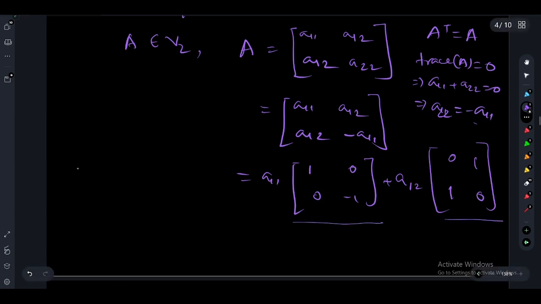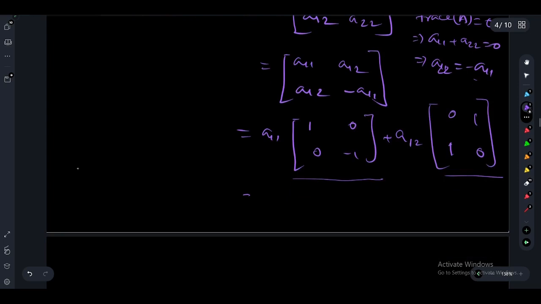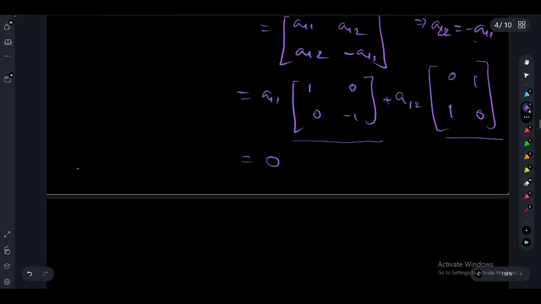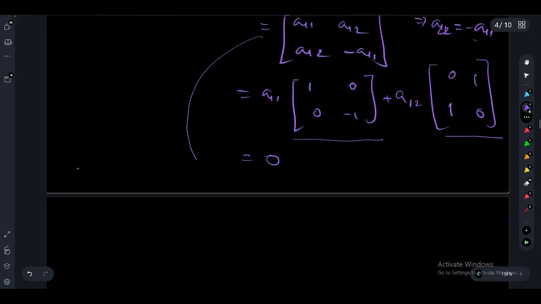Why? You can check: if you take this combination equal to the zero matrix, then that implies A11 equals 0 and A12 equals 0. So these two matrices are linearly independent.